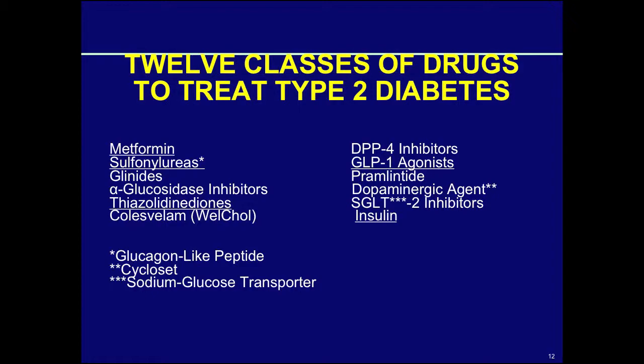Welchol is a bile acid binder, DPP-4 inhibitors, GLP-1 agonists, something called pramlintide, a dopaminergic agent, and the newest drug, which I think is going to be an extremely important one, SGLT2 inhibitors, and of course there's insulin. So I'm going to quickly march through these and talk to you about various characteristics of these agents.